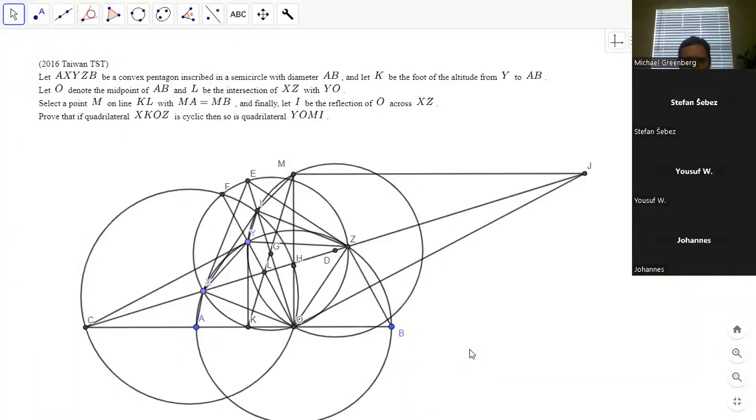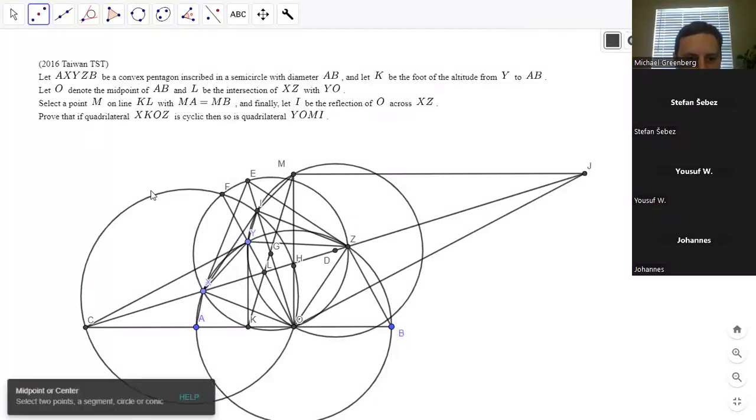Sorry for interrupting, but I think I solved the problem. The one thing we were missing is the midpoint of OC.